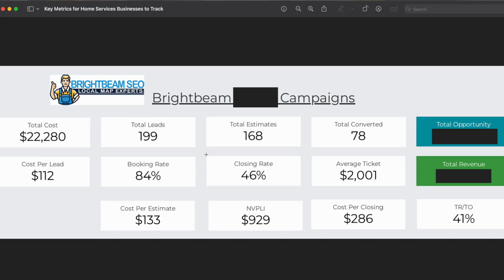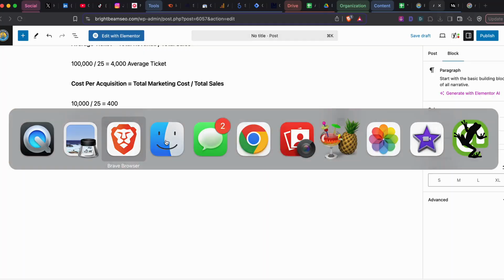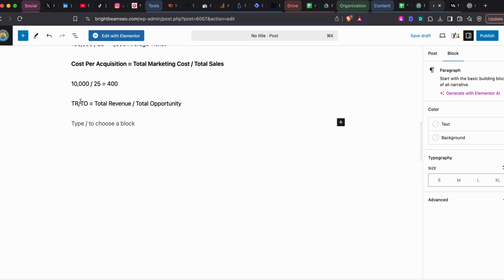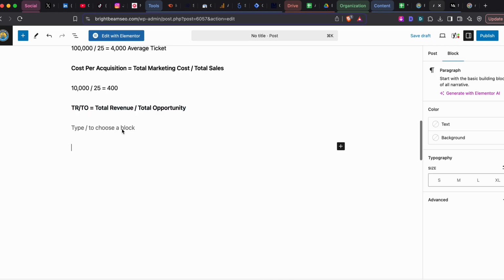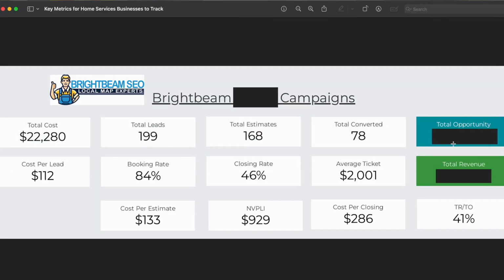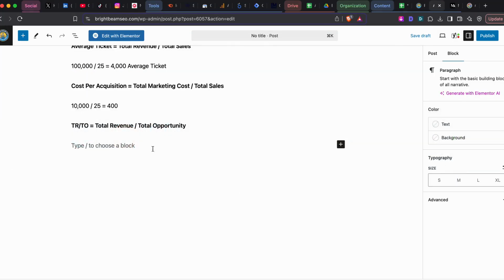And then TRTO. I do want to go through TRTO because I think it's one of my favorite metrics, which is simply total revenue divided by total opportunity. So what this says is, with our opportunity number, I know this is blacked out, opportunity is all estimates.